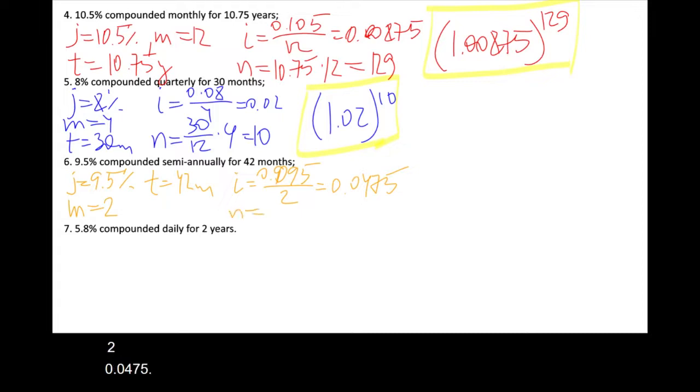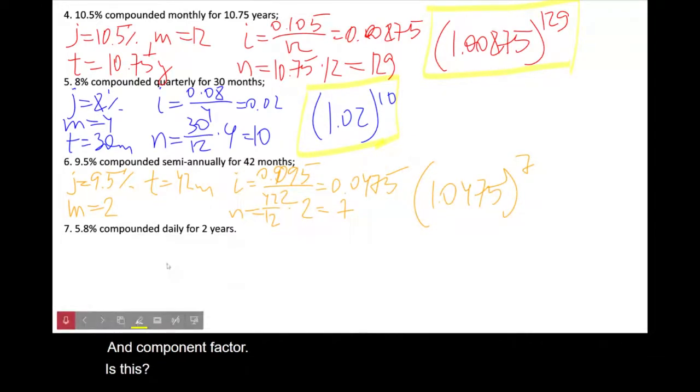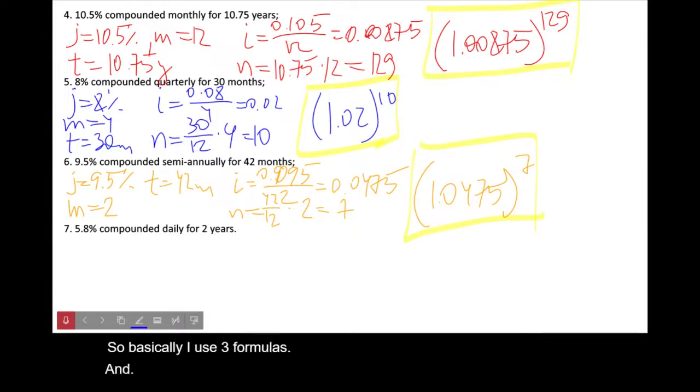N is 42 over 12 times 2, which is 7, and the compounding factor is this. So basically I use 3 formulas and that's about it.